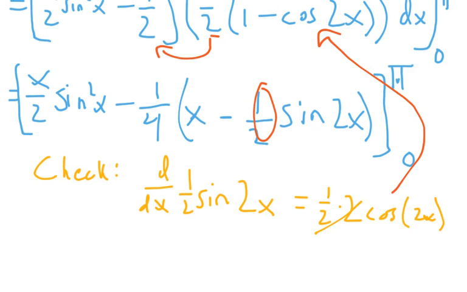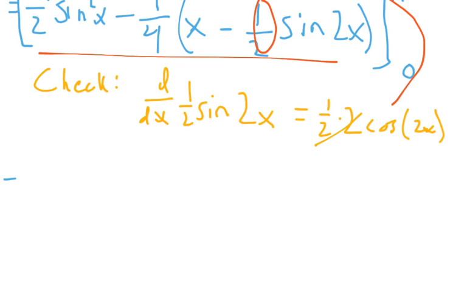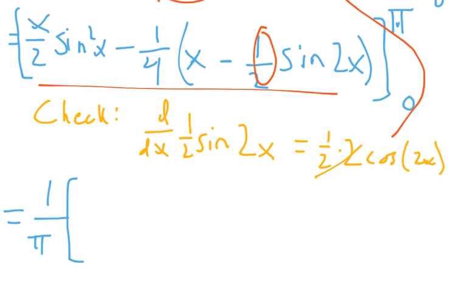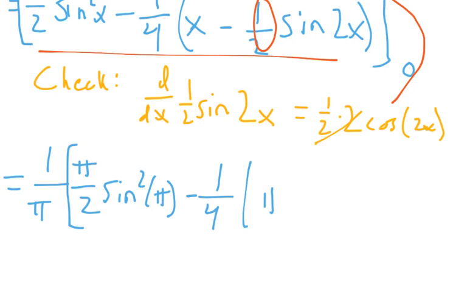Okay. So now we're going to work with this stuff, and we're just going to plug in our pi and our 0. It looks like at some point we lost our 1 over pi on the outside, so let's put that back in. So we have 1 over pi, and then we have pi over 2 sine squared of pi minus 1/4, and this is pi minus 1/2 sine 2 pi.